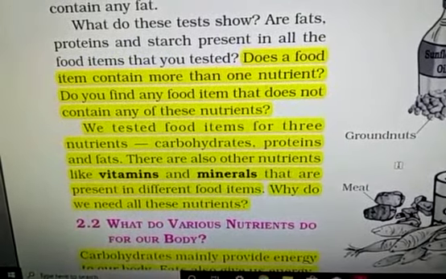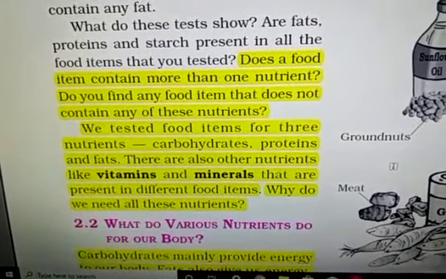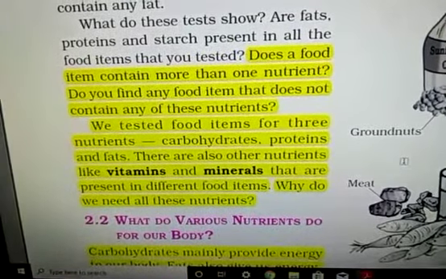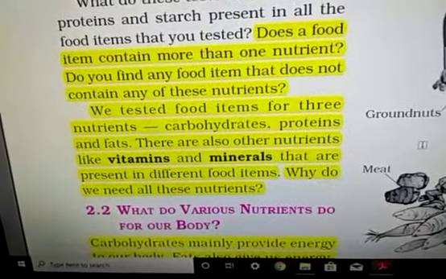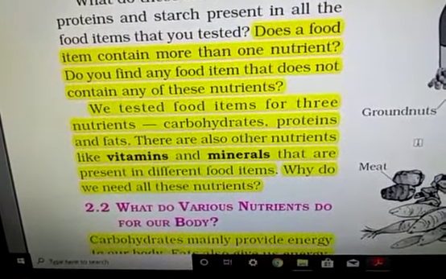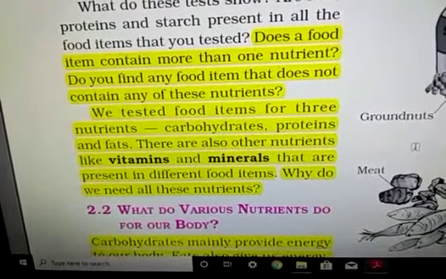We tested food items. And another question, do you find any food item that doesn't contain any of these nutrients? Yes, water, salt and some of the vegetables you use in salads have no nutrient, but they have vitamins, and that's also.